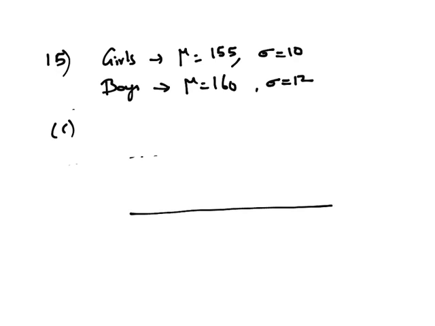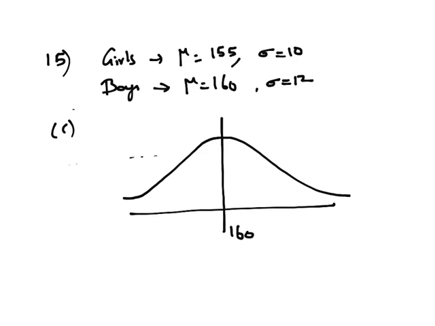So this is the x-axis and this is the normal diagram. I'll draw the mean here, which is 160. It is mentioned that Q and R are symmetrical about 160 with Q less than R.